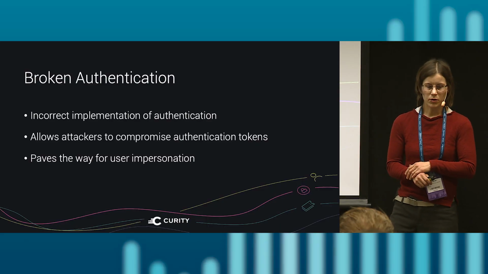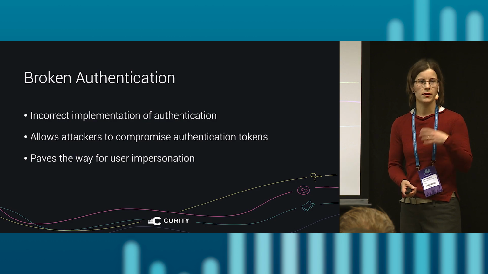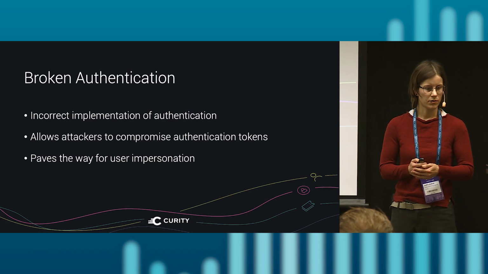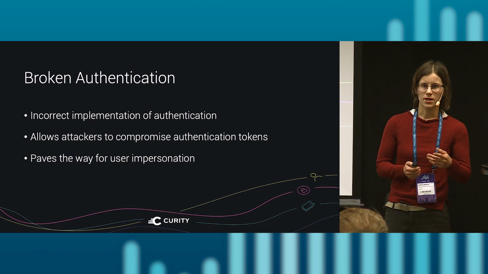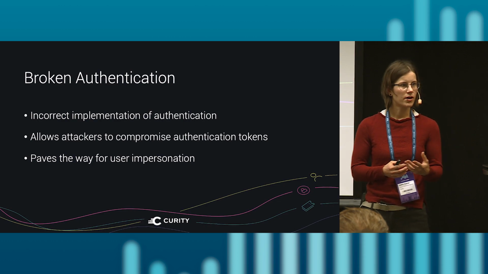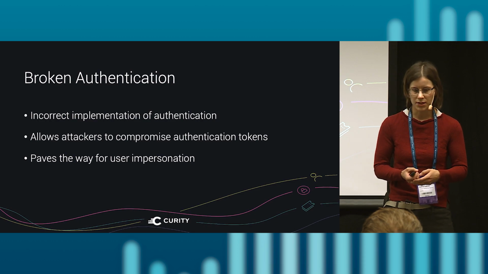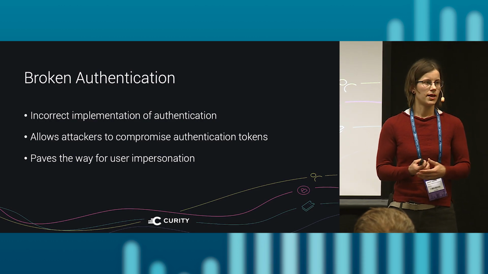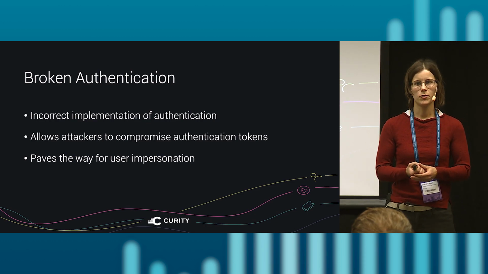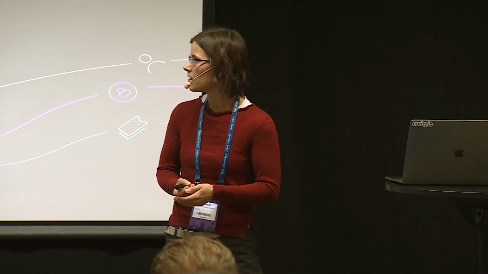And I start bottom up. So broken authentication occurs when there's an error in the implementation of authentication. Authentication is the process of verifying if someone is who they claim they are. If you mess up with authentication, you enable attackers to eventually compromise an authentication token or credentials and impersonate a user.